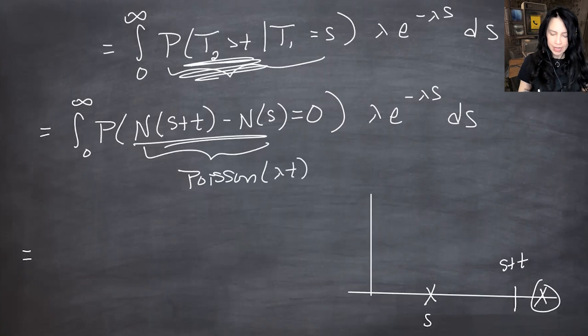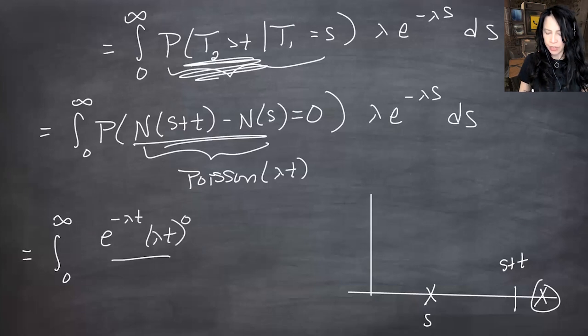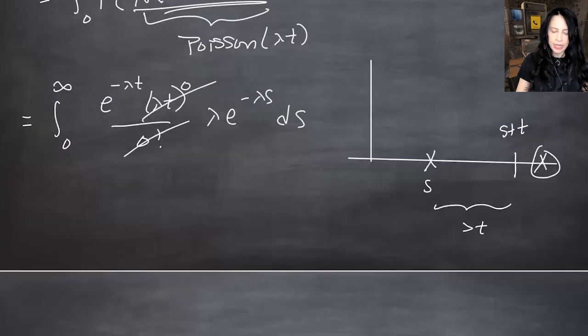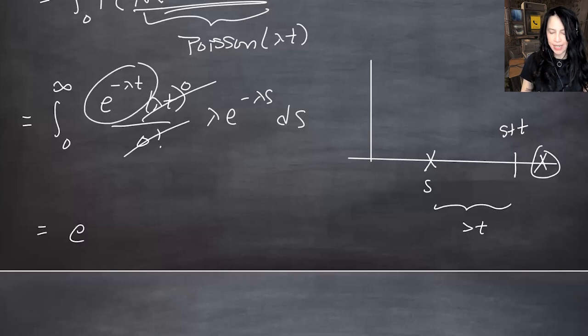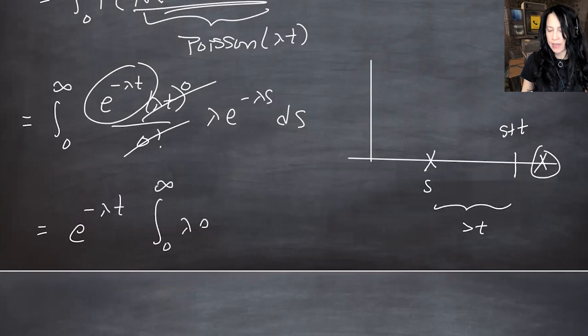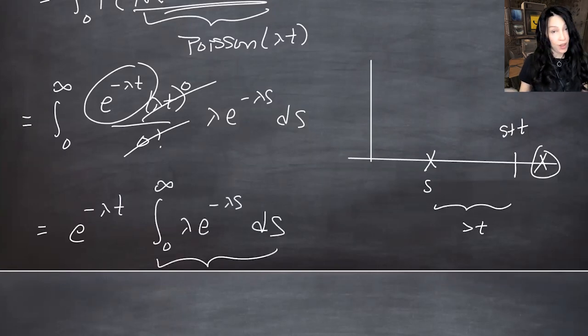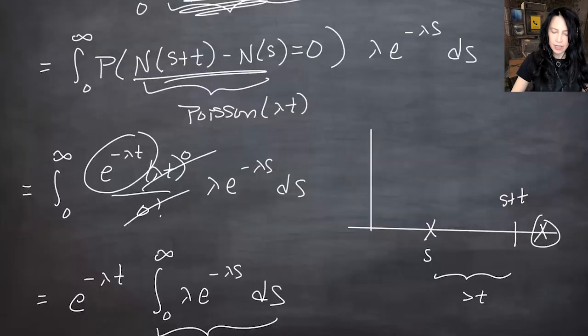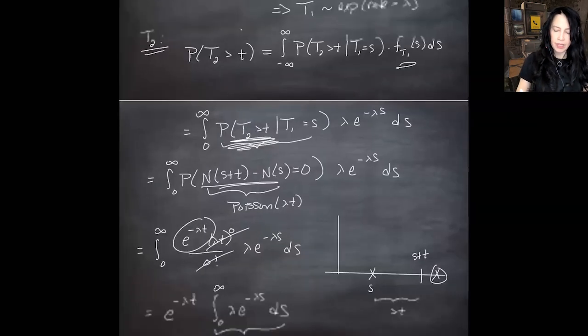And so we get the integral from 0 to infinity of e to the minus lambda t to the 0 over 0 factorial, and then the lambda e to the minus lambda s ds. This goes away, this doesn't even involve s. This is e to the minus lambda t times the integral from 0 to infinity of lambda e to the minus lambda s ds, and this is 1. We're integrating that exponential PDF. So I get e to the minus lambda t for the tail probability for T2.